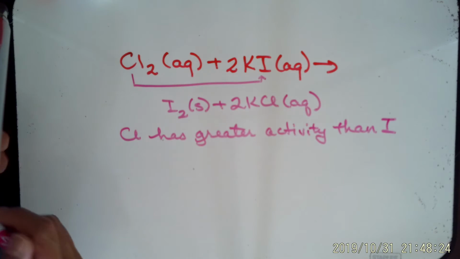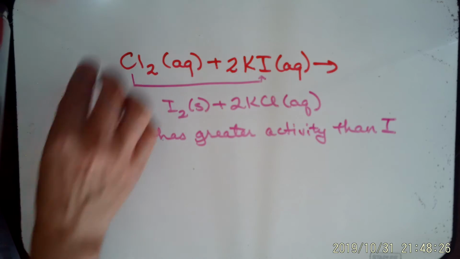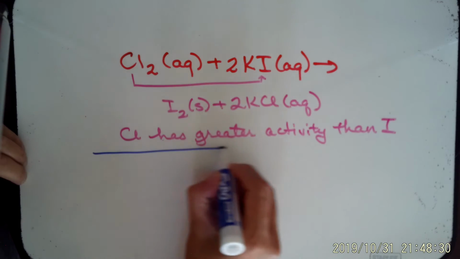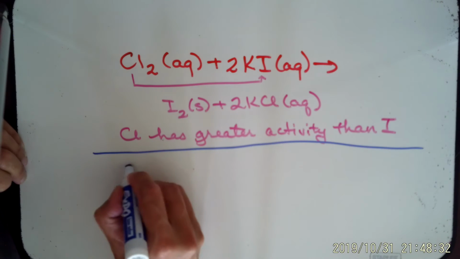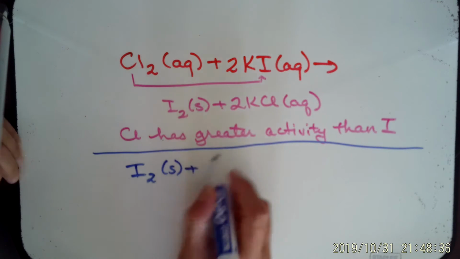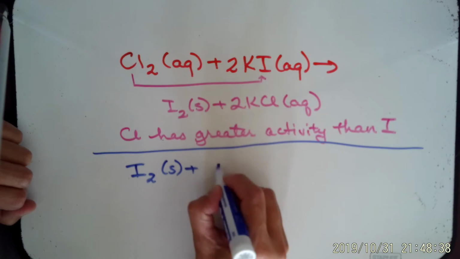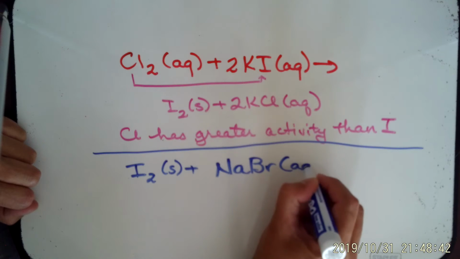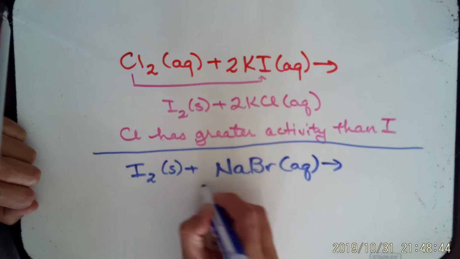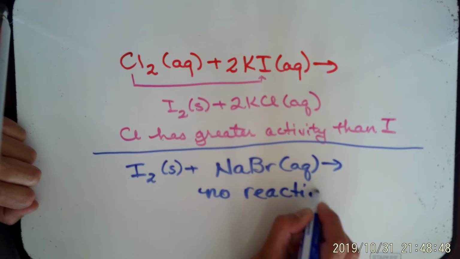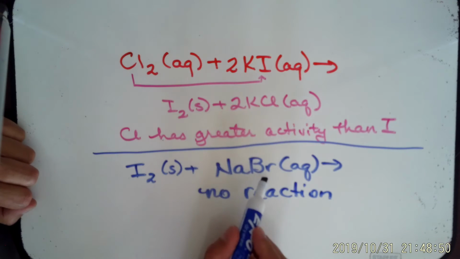Okay? What about if there's no reaction? So let me show an example with no reaction. Suppose I take iodine and I try to react it with sodium bromide. And I get no reaction. So iodine is too weak to displace the bromine.